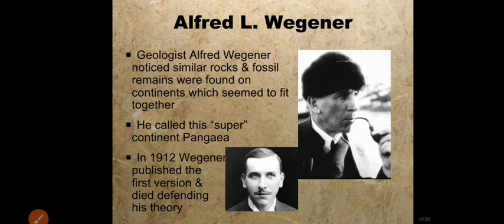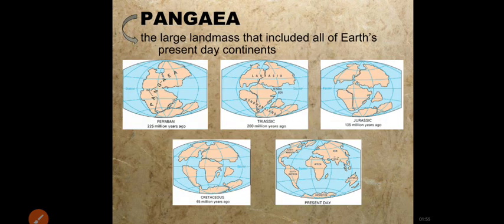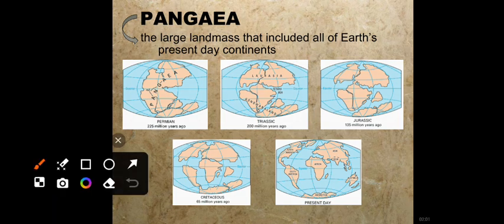He called one Laurasia and the other Gondwanaland. Looking at this image, this was Pangaea about 200 million years ago. After the breakup, we got two parts: the northern part called Laurasia, and the southern part called Gondwanaland.